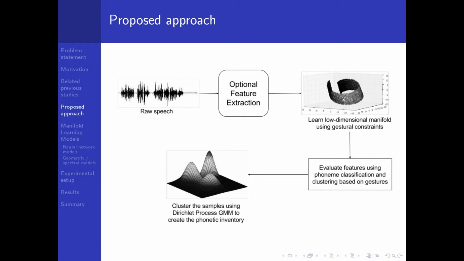Each of these representations is subjected to evaluation for two tasks: phoneme classification and the ABX discriminability measure, which is proposed by the Zero Resource Speech Challenge. Further, these representations are clustered using a Dirichlet process Gaussian mixture model, which is a non-parametric method to find clusters in raw data.